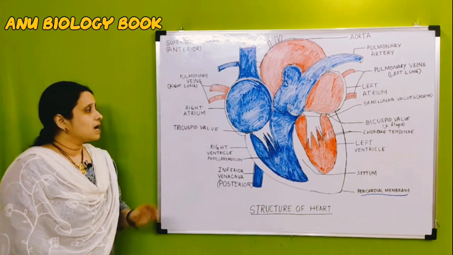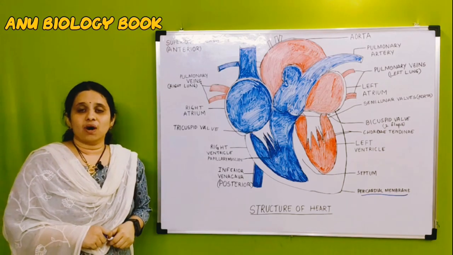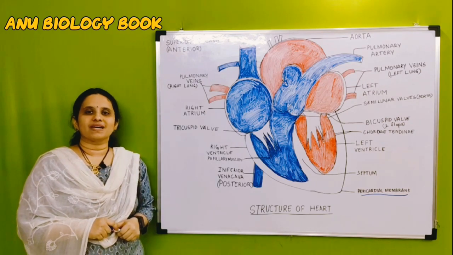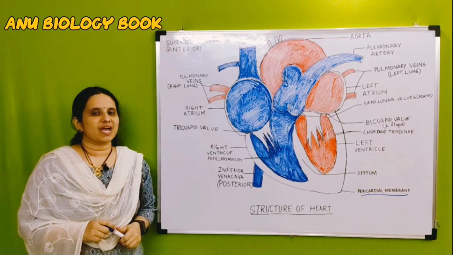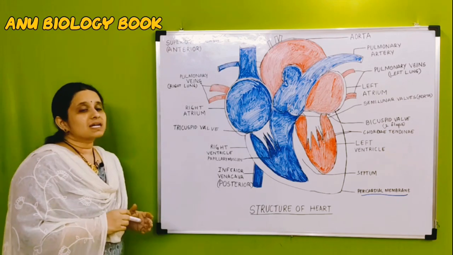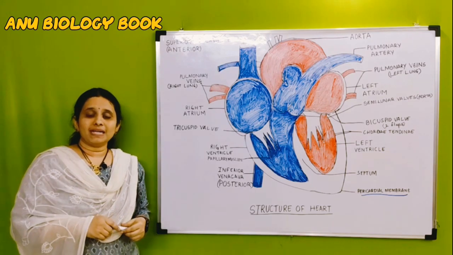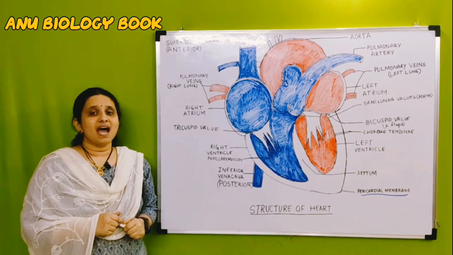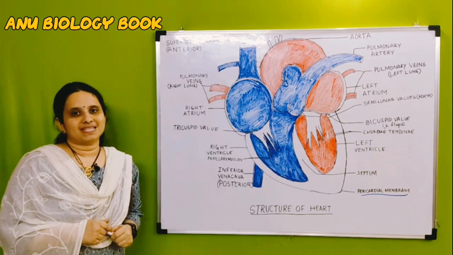After learning about the auricles, let's get into the main blood vessels of the heart, the blood vessels which carry the blood. The main important blood vessels present in each and every human body are arteries and veins.